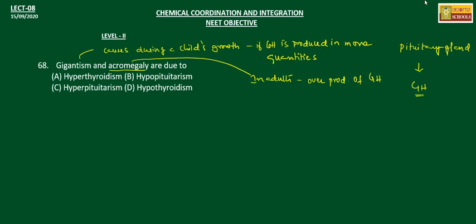It means overactivity of the pituitary gland is the cause of gigantism and acromegaly. Gigantism is during the child's growth, whereas acromegaly is in adults. So hyperthyroidism, no. Hypopituitarism, no. Hyperpituitarism, yes. Option D is also not right. So option C is the right answer.